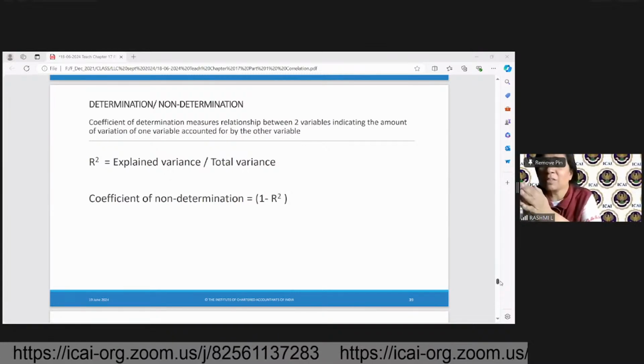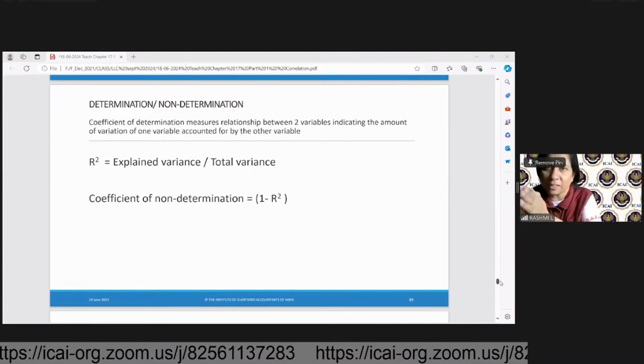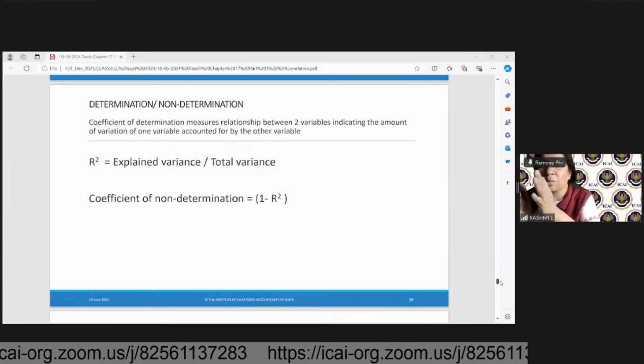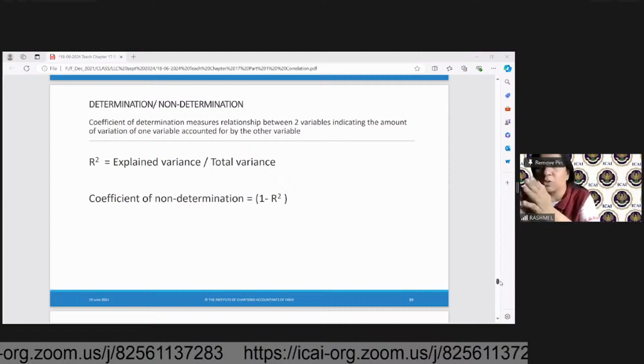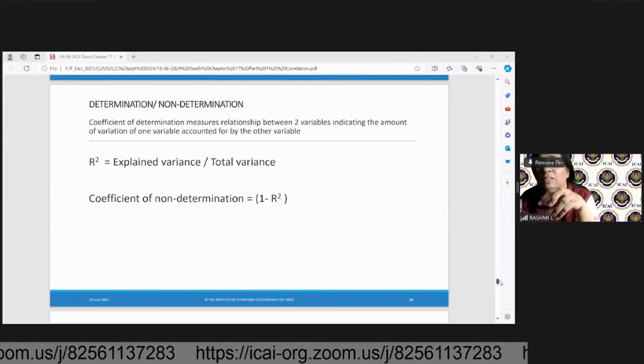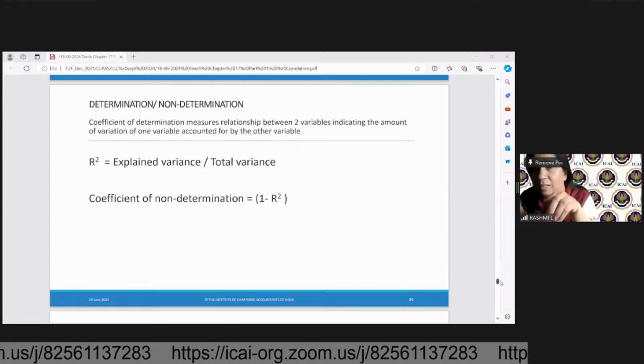But sometimes the weight gain has other reasons also. So when I'm finding the correlation between the weight and my fast food, then what is called is coefficient of determination.